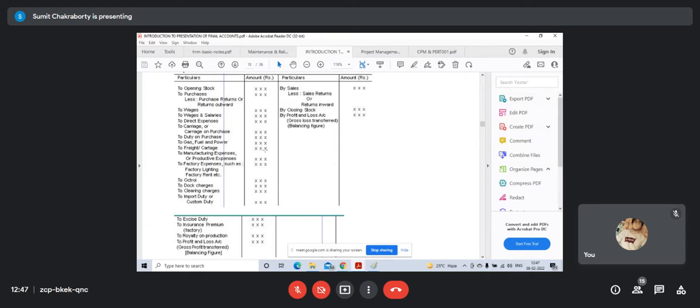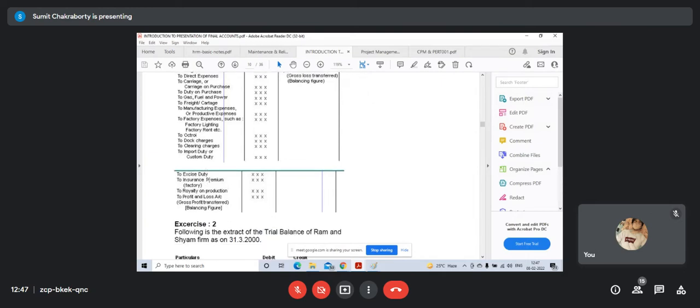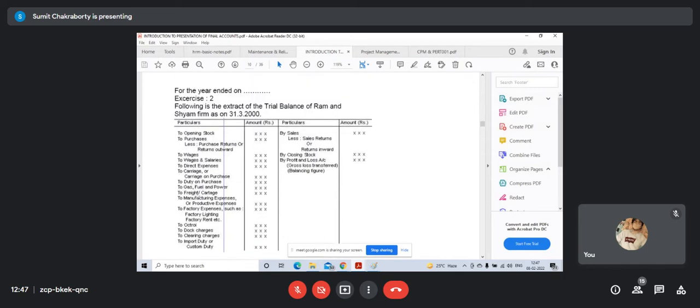This is the amount. Factory lighting, factory rent, octroi, dock charges, clearing charges, import duty, excise duty, insurance premium, royalty on production, profit and loss account, gross profit transfer. That comes later, not now.